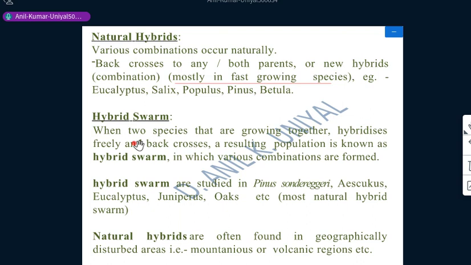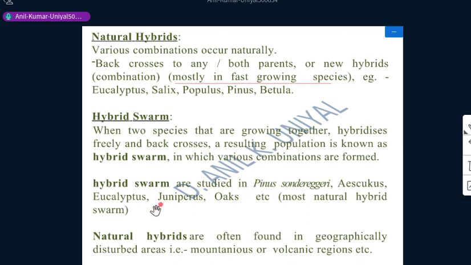Then the next term we have is hybrid swarms, when two species that are growing together hybridize freely and back cross, and then the resulting population is known as a hybrid swarm, in which various combinations are formed.